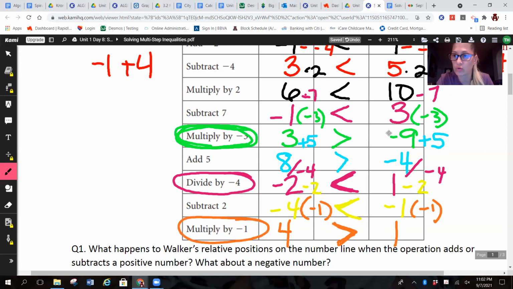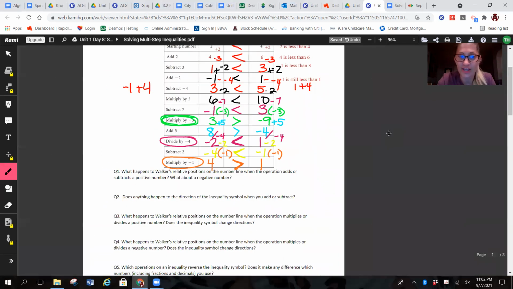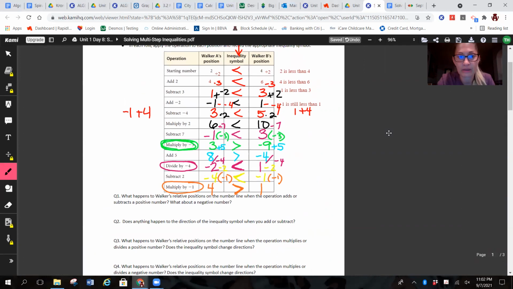So I circled the 3 rules that made the direction of the sign change. Can you see what made the direction of the sign change? Adding and subtracting did not make the sign change.